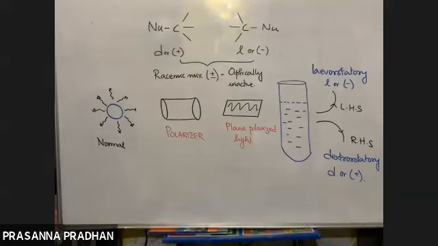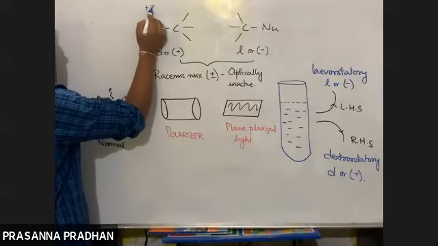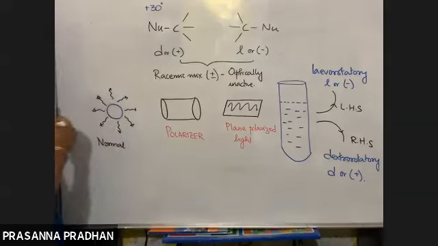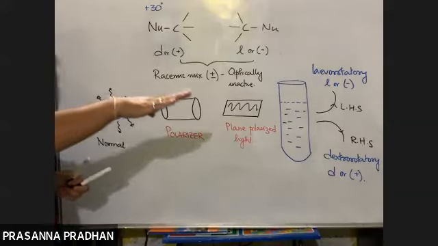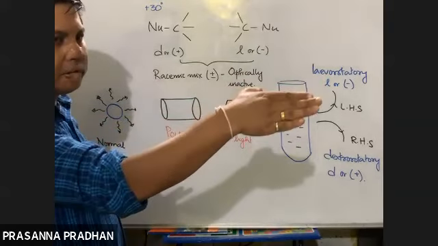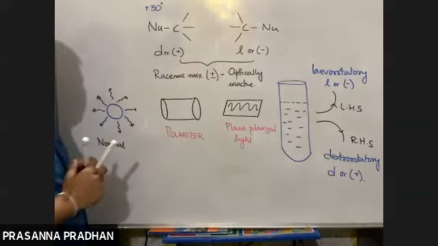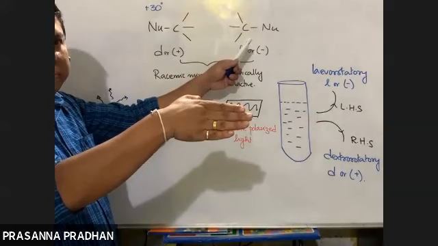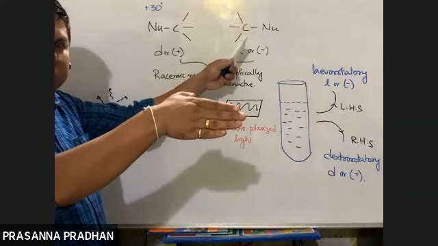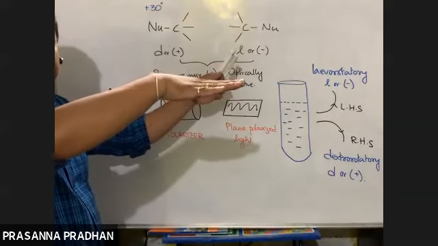Now, what is the reason? If the dextro compound rotates the plane polarized light towards the right hand side by 30°, now an equal amount of levo is also present. This will rotate the same plane polarized light towards the left hand side by 30, which means the light comes back to its initial position.